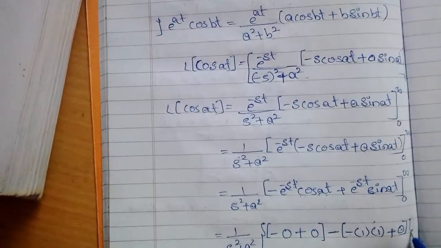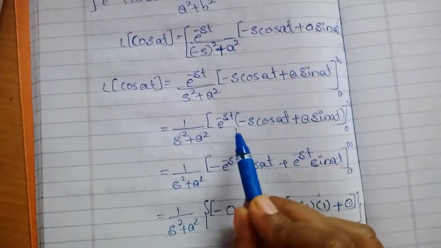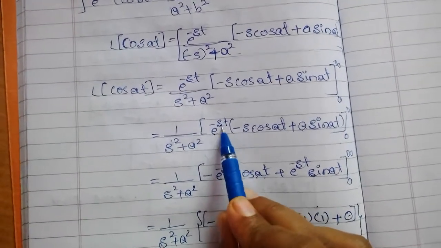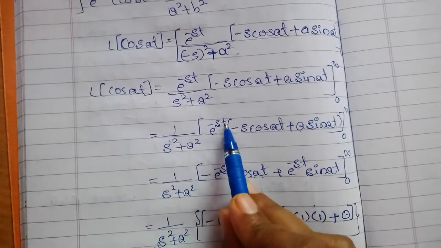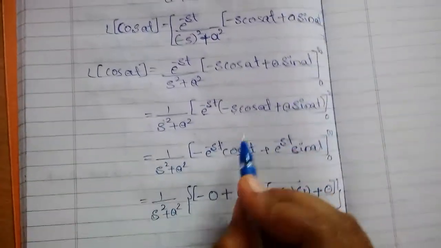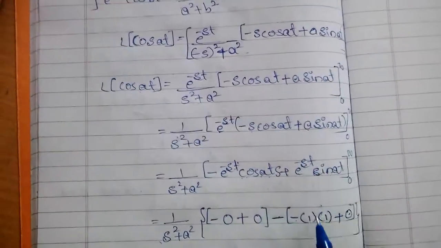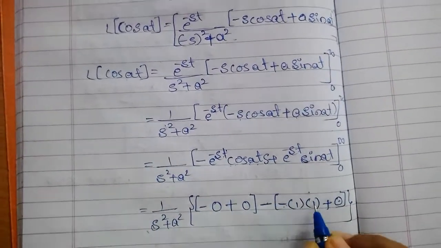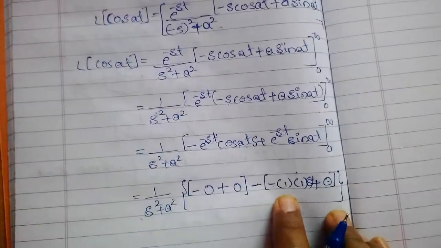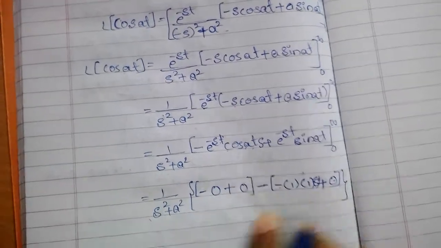Here this is over, but see here e raised to minus st, here I am multiplying this one to this, e raised to minus st, minus of e raised to minus st into s into cos at. Here I forgot to write s, I will write it here. Therefore it will be minus 1 into s. See, minus 1 into 1 into s plus 0.